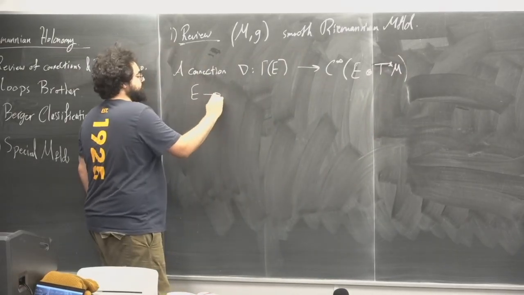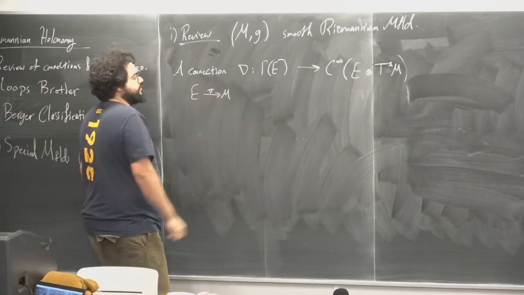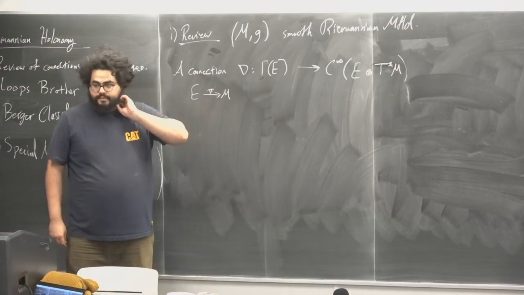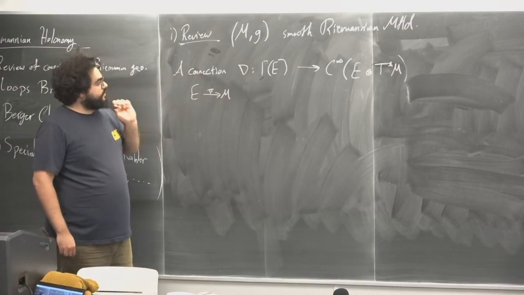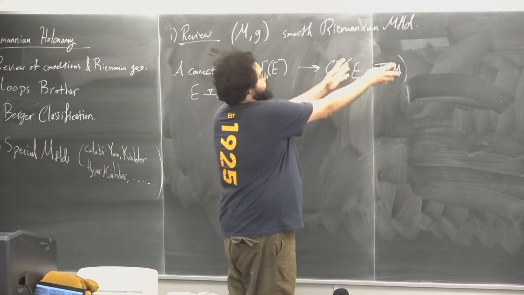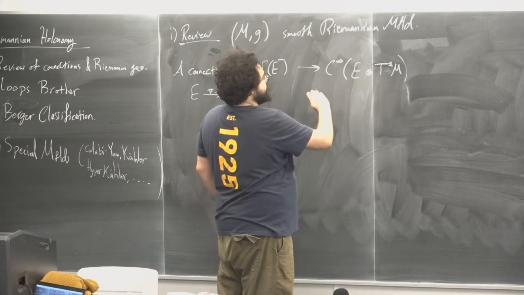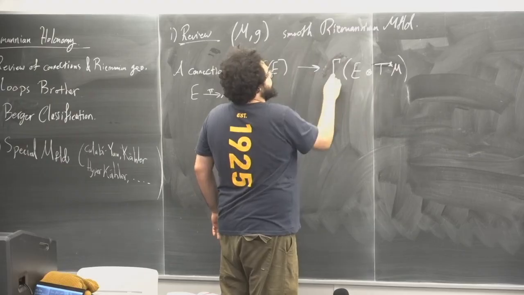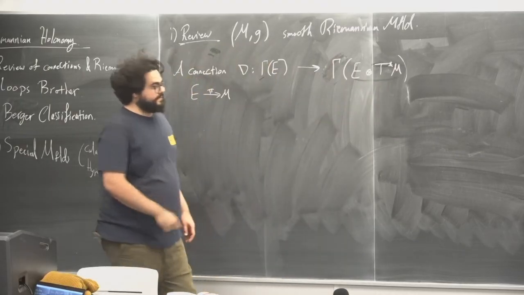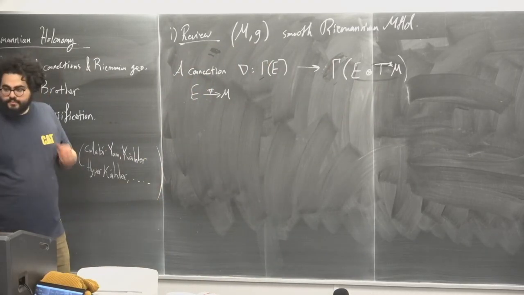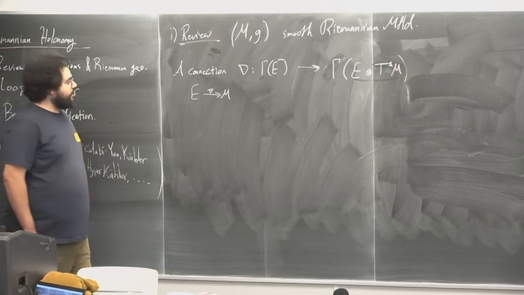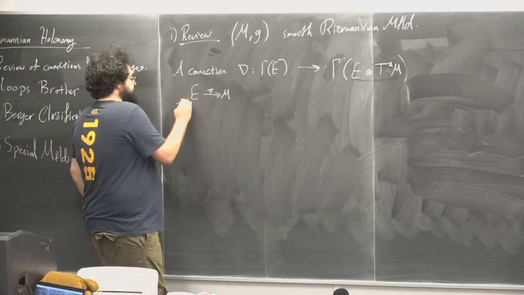Sorry, sections or C infinity? Yeah, smooth sections, everything is smooth. I guess you can write gamma here, if you think of this thing as a bundle. It just has to be C infinity linear. Here E is a smooth vector bundle.